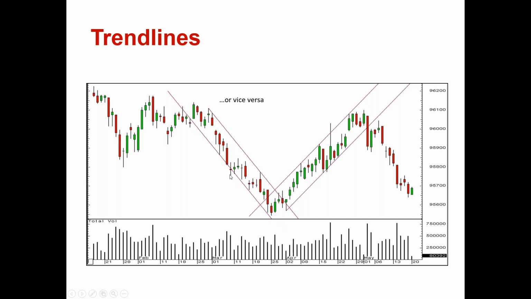Obviously that one's not perfect because there's a small glitch in the matrix right there, but you can allow some interpretation at times. My key thing I would say is the bottom line on a rising channel is the most important, and the top line on the falling channel is the most important. And you can then, if you can translate it into a channel, just use the other line as a guide, if you like.